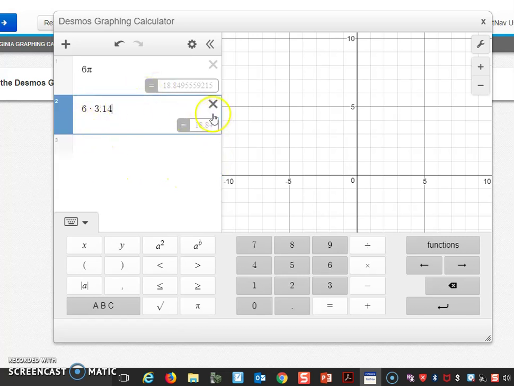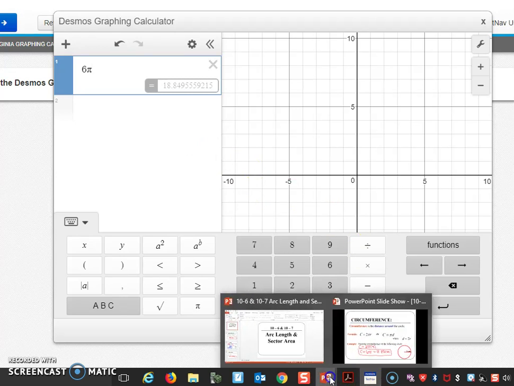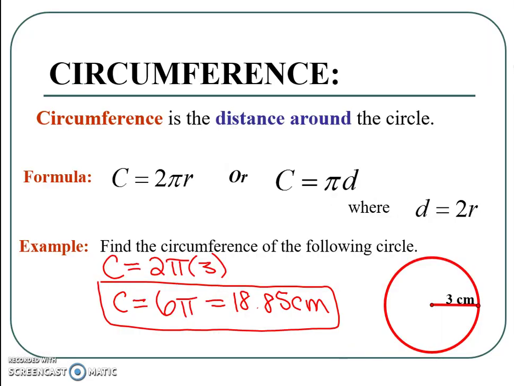So instead of this, just write 6 pi on your calculator and then use this whole thing and round from here to be more accurate. Okay? Because pi is irrational number. Let's continue. So the circumference of this circle, this is around the circle, is 18.85.